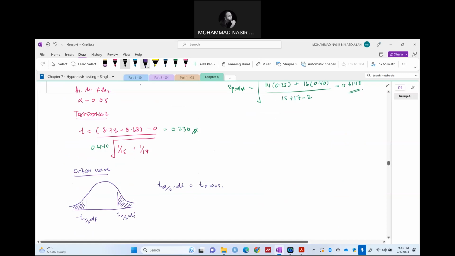And degree of freedom, so what is our degree of freedom? 15 plus 17 minus 2, right? So it should be equal to 30, right? So this one should be equal to 30 and it's the same as before, 2.042.